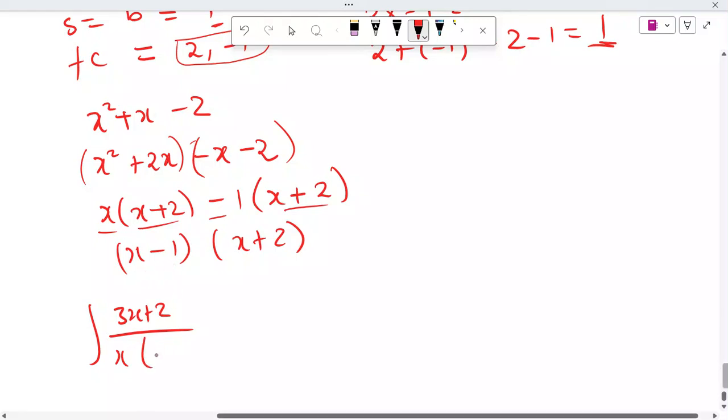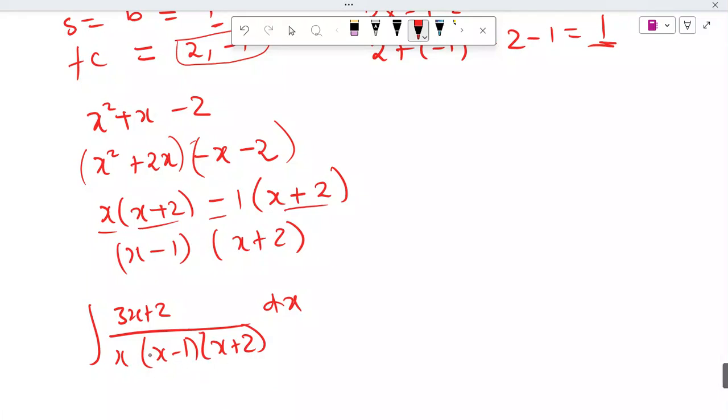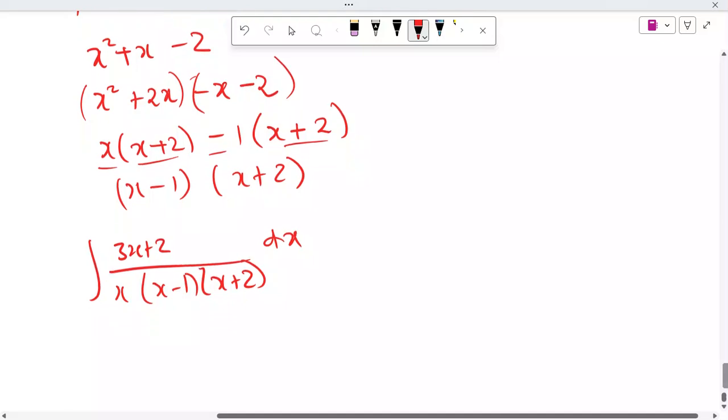Now we'll write this one in place of the quadratic equation, x minus 1 and x plus 2. Now we have factorized completely. By now you don't have to have issues with factorizing, guys.